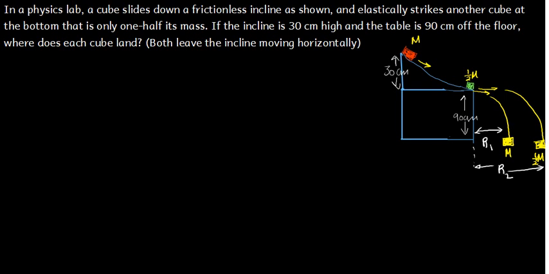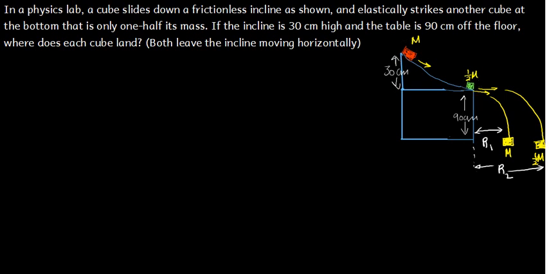Now firstly we need to understand with what velocity this was moving when it had to hit the second mass. Initially this one is on top, so it is not moving, it only has potential energy. But as it begins to slide, when it reaches the very bottom, all the potential energy has been converted into kinetic energy.